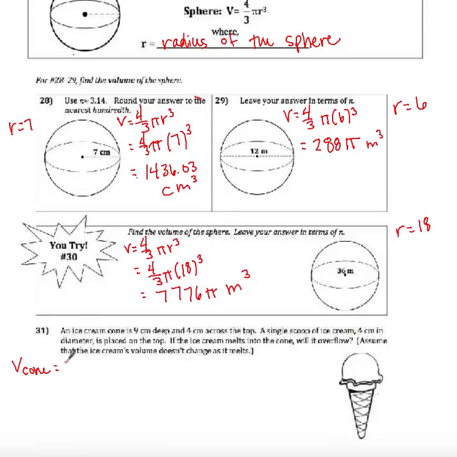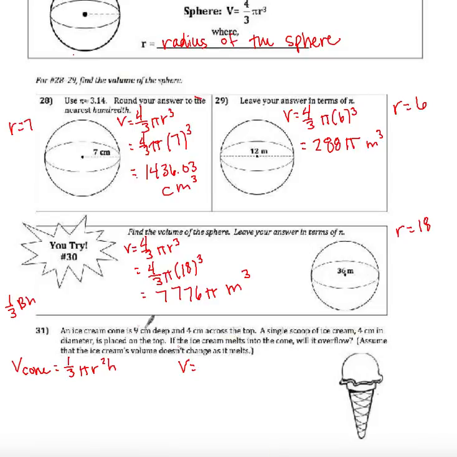Remember, our volume formula for a cone, which you talked about yesterday, is 1/3 pi r squared h. It's 1/3 big B h, but the base of your cone is a circle, so that's where the pi r squared comes from. We also have to do the volume of the ice cream.